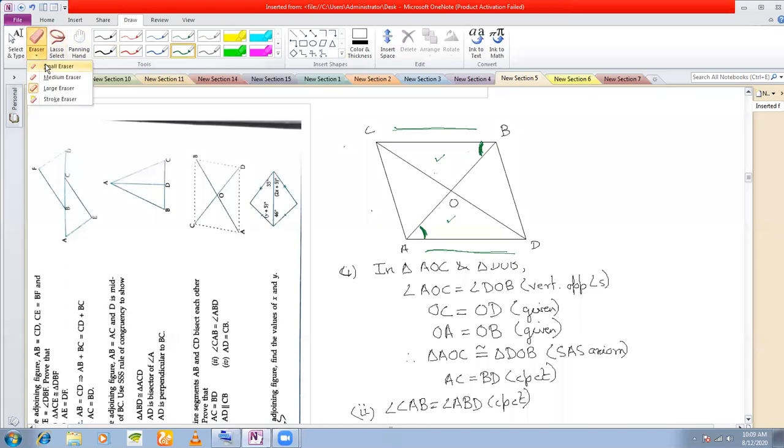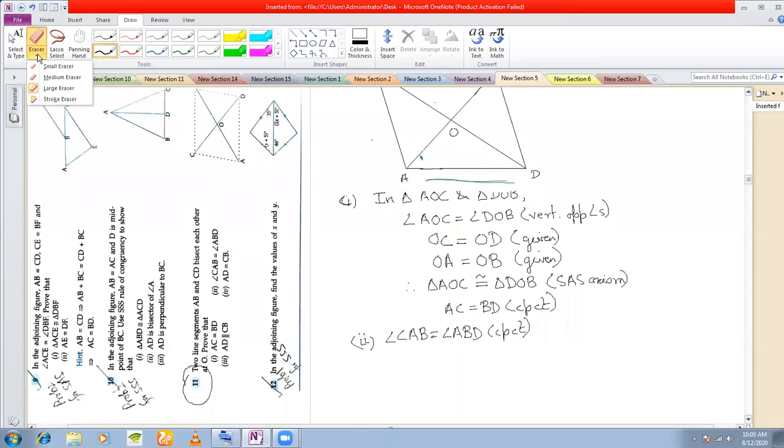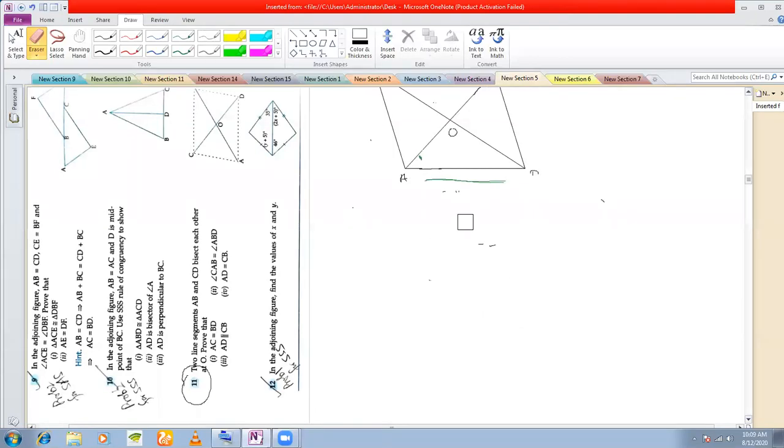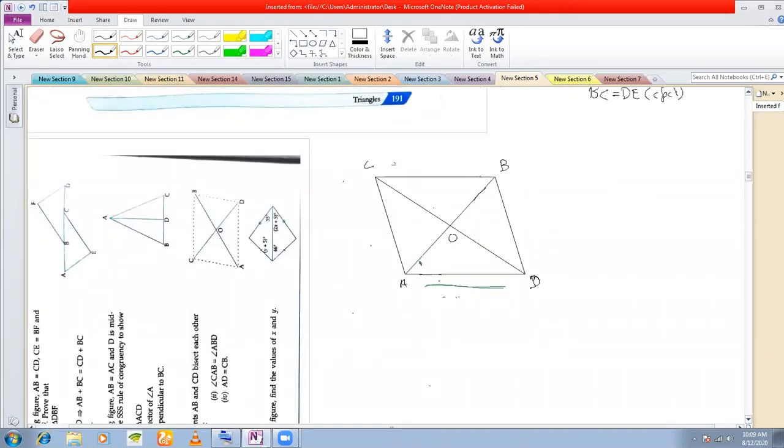So I proceed to prove that these two triangles are congruent. Let me erase this so that it's visible.